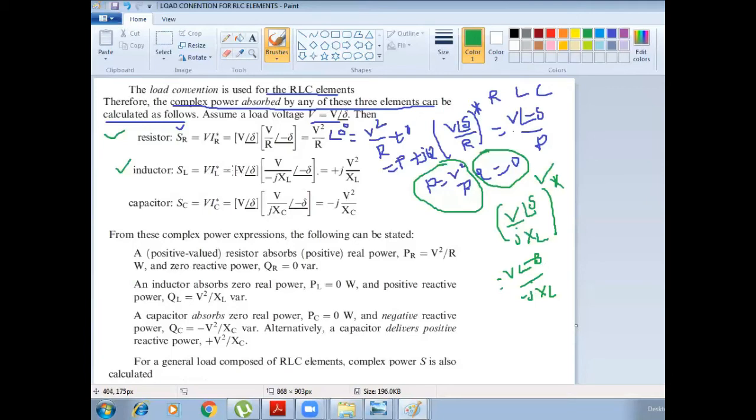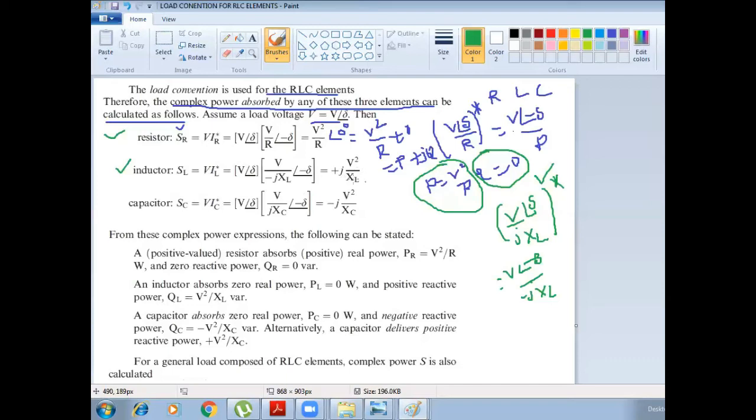So you will get V multiplied by V, which is V square divided by XL, and you can write it with plus jXL. Multiply and divide by plus j: in the denominator, minus j times plus j gives minus j square, and j square is minus 1, so minus times minus gives plus in the denominator. So you will get plus j multiplied by V square by XL.